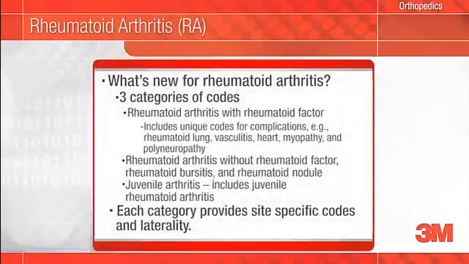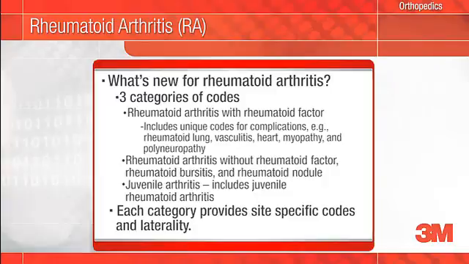What's new for rheumatoid arthritis? ICD-10 has 3 categories of codes which provides the ability to differentiate between 3 types: RA with and without rheumatoid factor, rheumatoid bursitis and rheumatoid nodule, and juvenile RA.